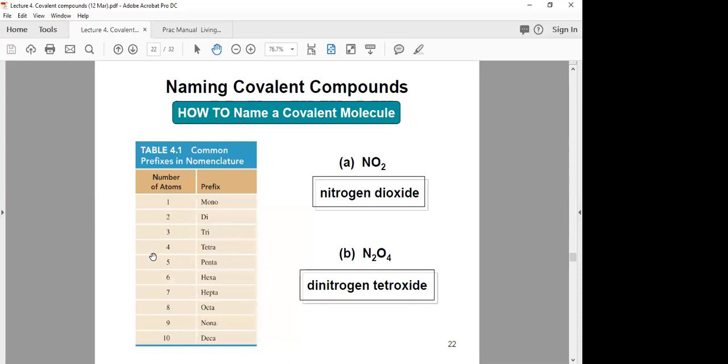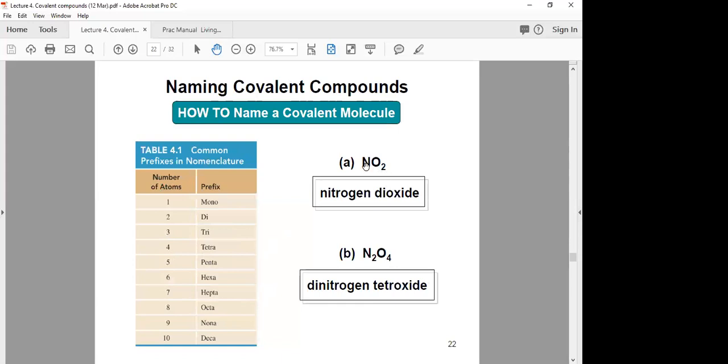Okay, so I'd like you to remember up to number 4. Note that you should remember these prefixes up to number 4 for the purpose of tests and exams and so on.